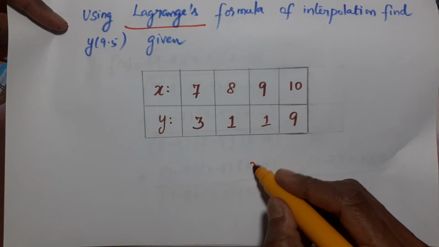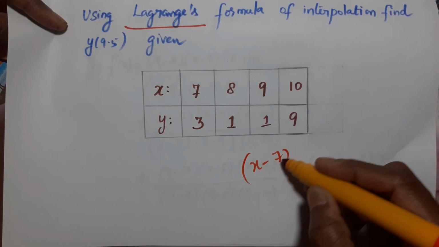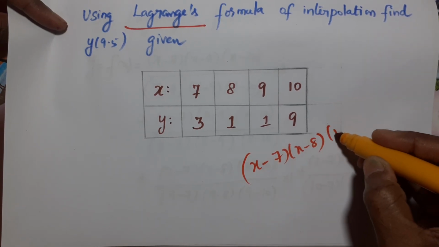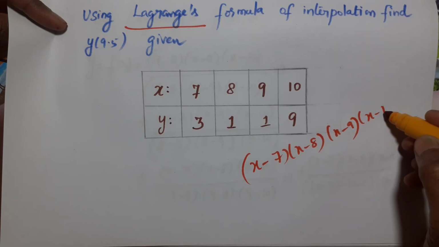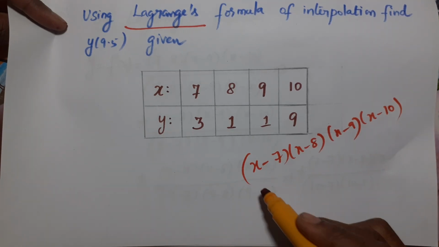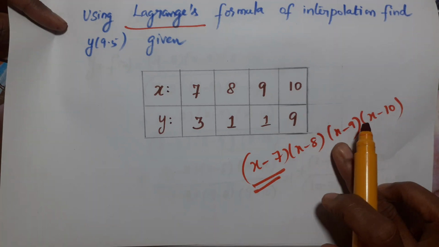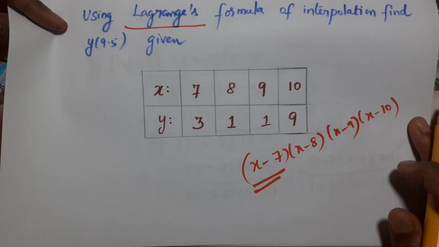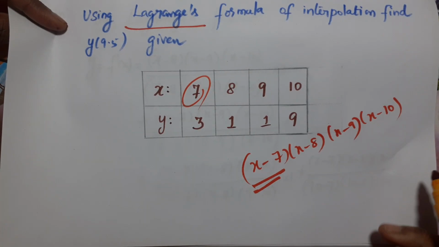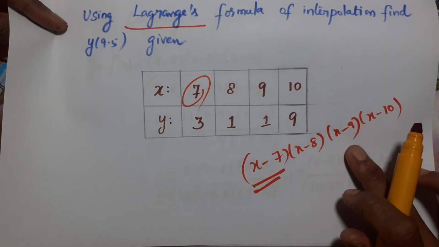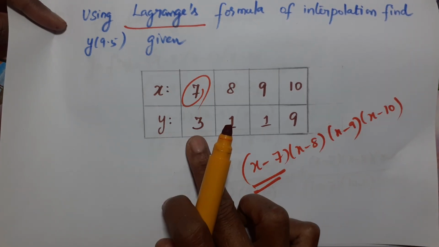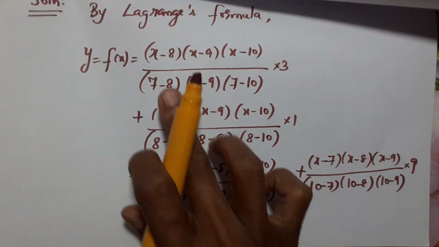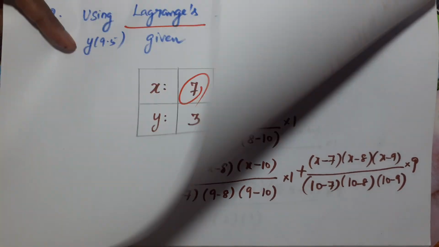What I said, write the factors x minus 7, x minus 8, x minus 9 and x minus 10. For the first term, we have to leave this. So x minus 8, x minus 9, x minus 10 divided by 7 minus 8, 7 minus 9, 7 minus 10 into the respective value 3. Come to the second term.